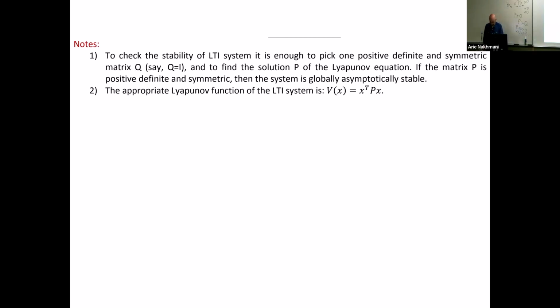All right, let's talk a little bit about physics. Questions. Can you think about a physical system which is Lyapunov stable, but not asymptotically stable?